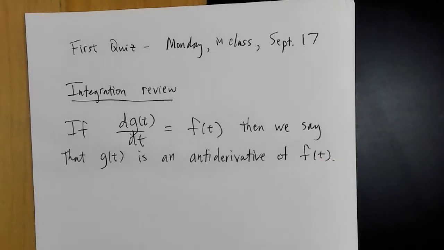So taking the derivative of g gives you f. So going from f to g is sort of the reverse. That's why we say it's antiderivative.